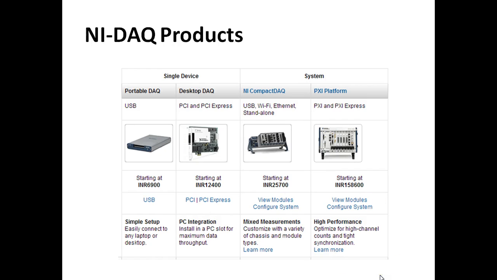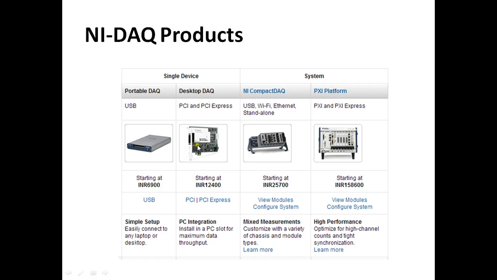Whenever we are going for real-time acquisition, we will go for NI CompactDAQ and the PXI platform, which also has the specialty of working in standalone mode. If we need basic data acquisition, we can go for simple portable DAQ and desktop DAQ. And if we need real-time acquisition, we can go for CompactDAQ and PXI platforms.